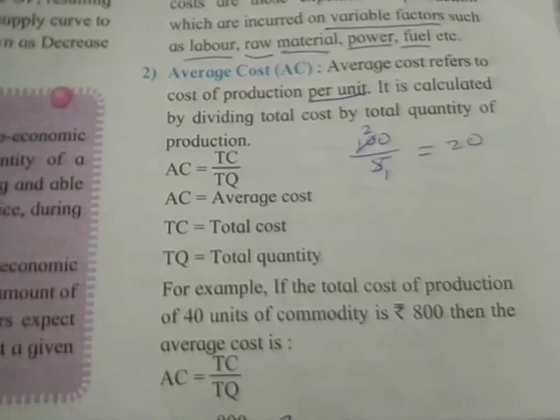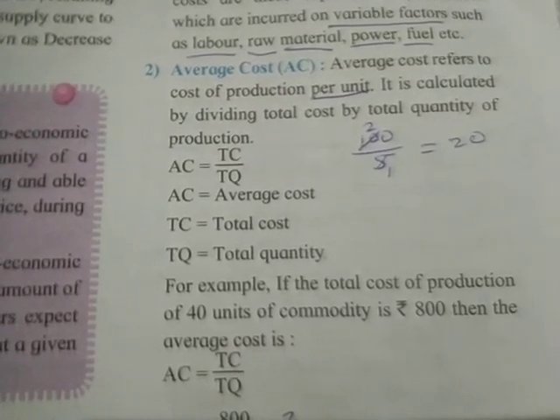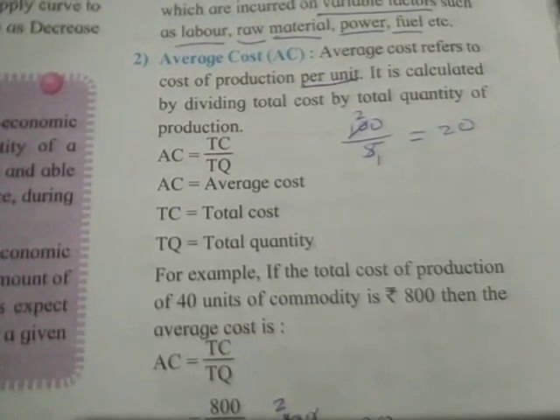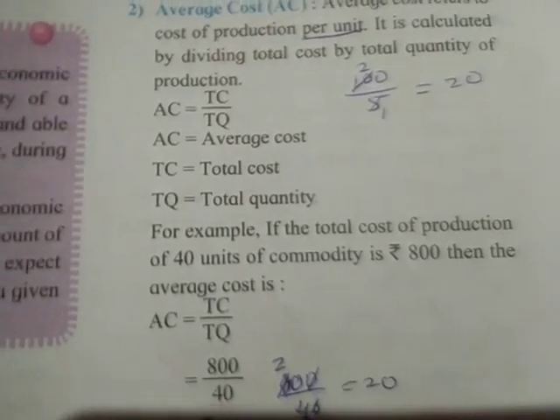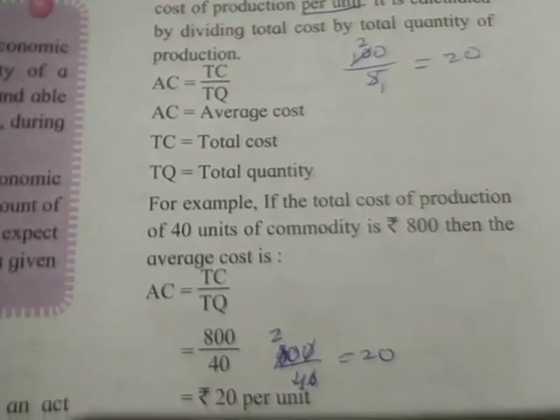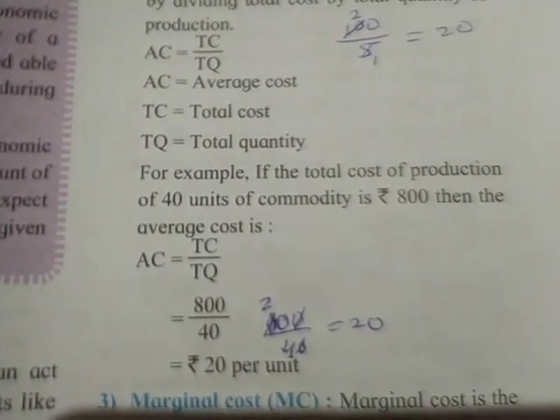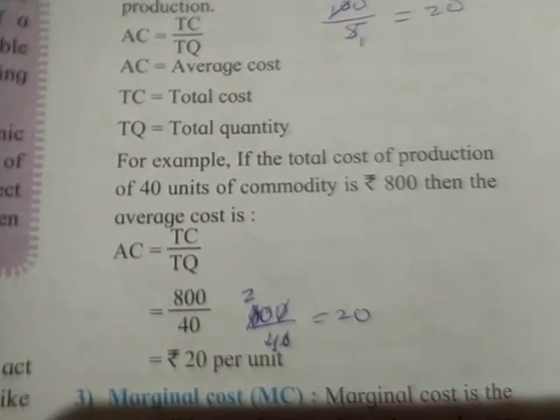Second, average cost, AC. Average cost refers to cost of production per unit. It is calculated by dividing total cost by total quantity of production. AC is equal to TC by TQ. AC is equal to average cost, TC is equal to total cost, and TQ is equal to total quantity.